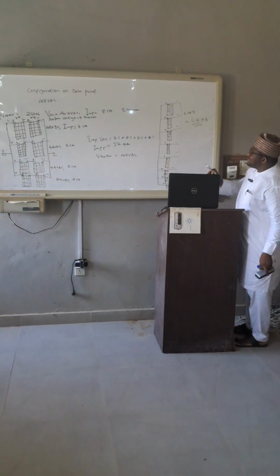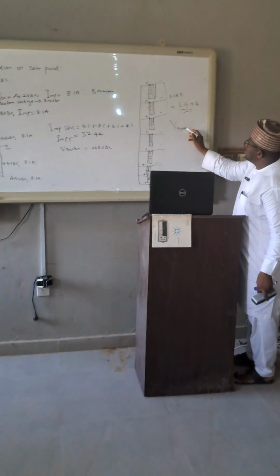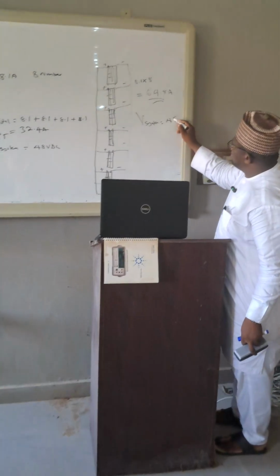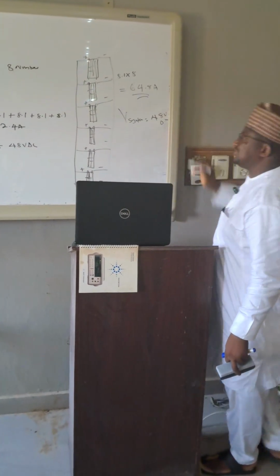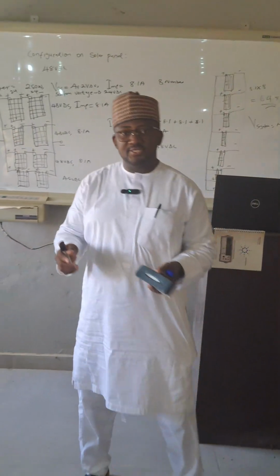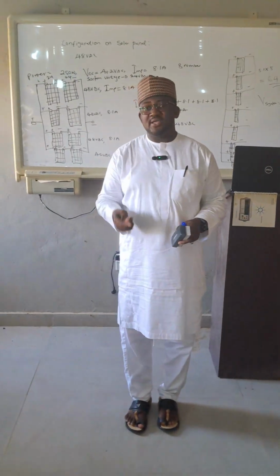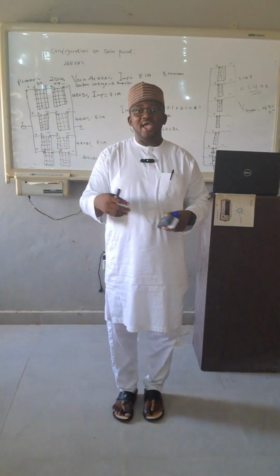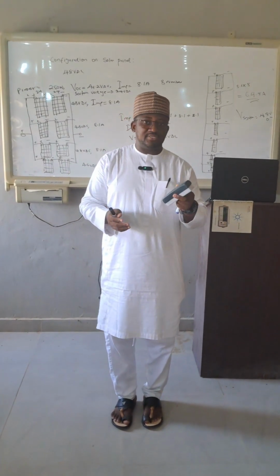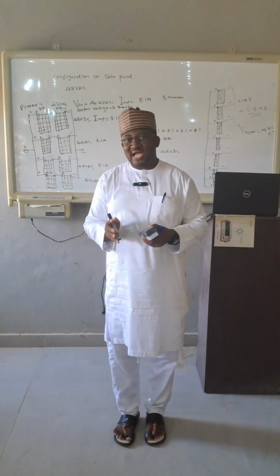And for the system voltage, the system still remains 48 VDC. So in series connection, voltage is added while the current will remain constant. In parallel connection, current is added while the voltage will remain constant. Then in series and parallel combination, both current and voltage are what? Are added.